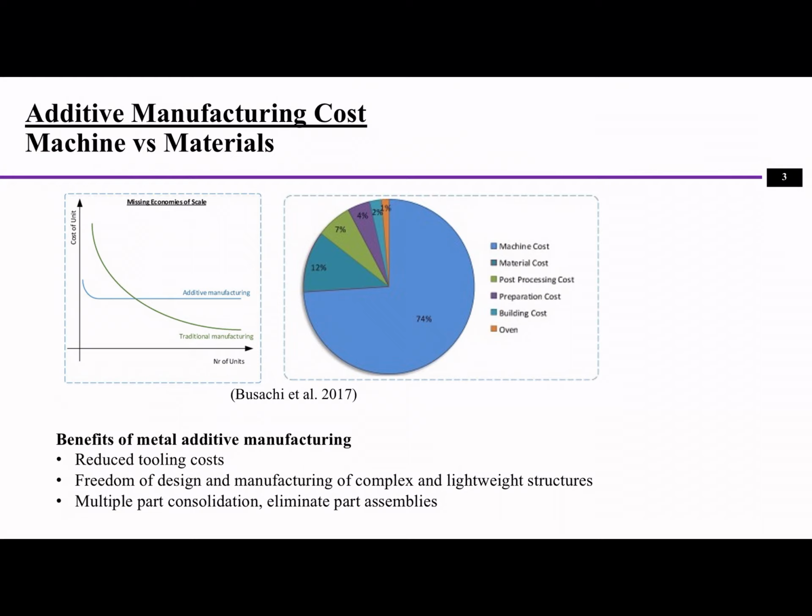So in traditional manufacturing, we have this economy of scale when we have the fixed cost of equipment and also facilities. If we produce more, our per unit cost is decreasing, right?